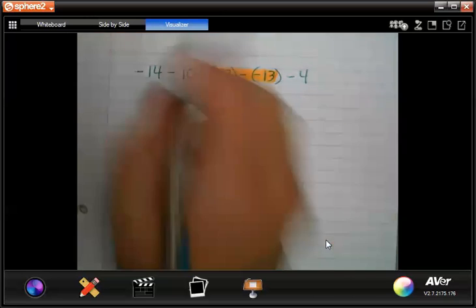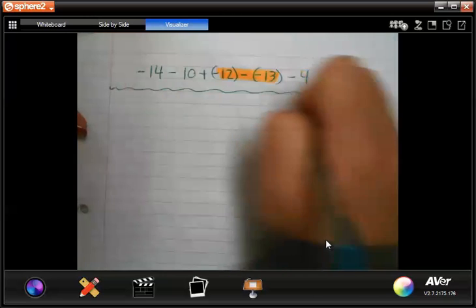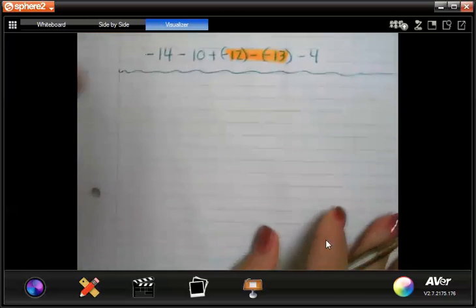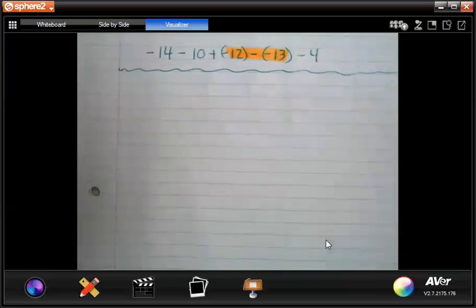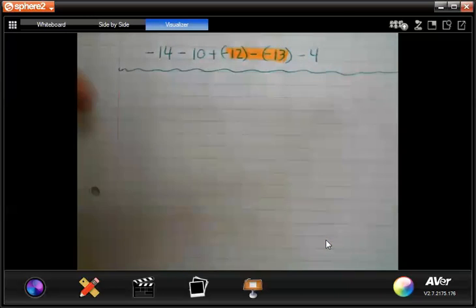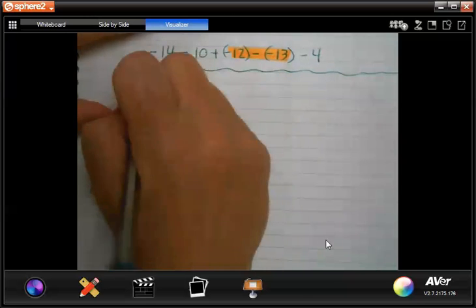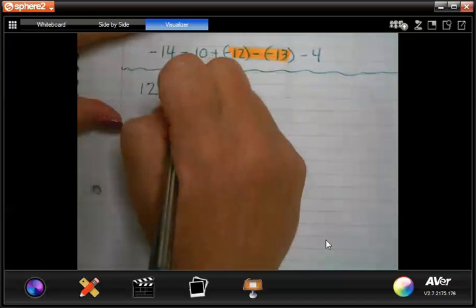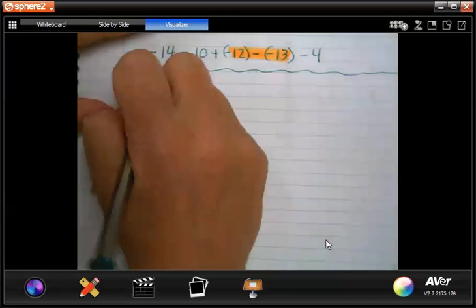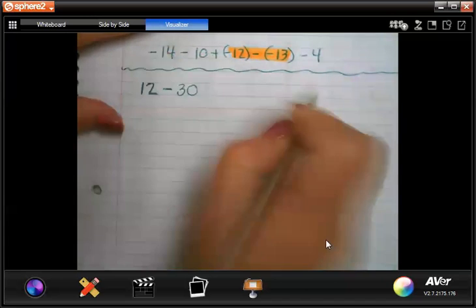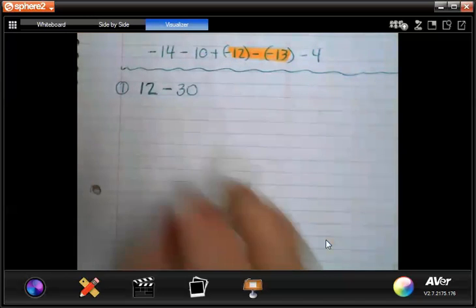So let's write down some examples. The first example I want you guys to write down, we're going to start simple again: 12 minus 30. I'm going to have you write 4 problems down right now.